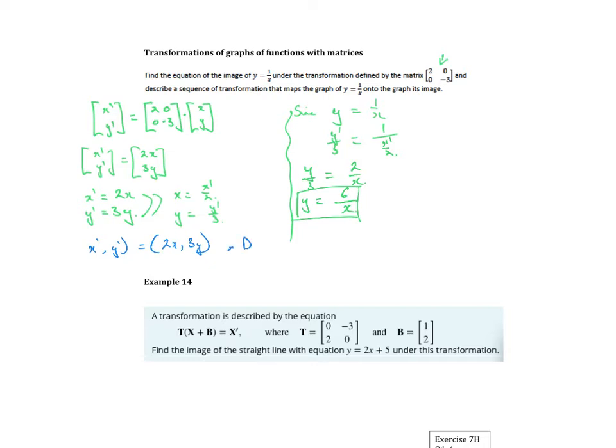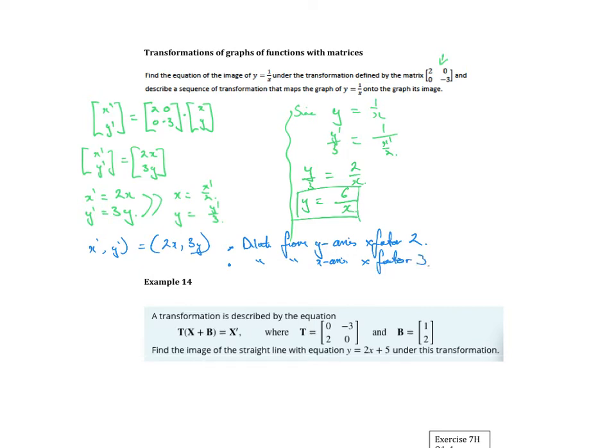So it's a dilation from the y-axis by a factor of 2. And if I multiply the y value by 3, it's stretching it up from the x-axis. Dilate from the x-axis by a factor of 3.